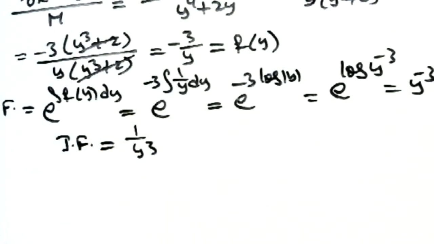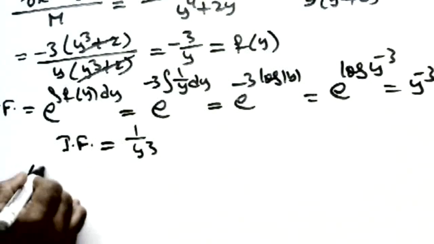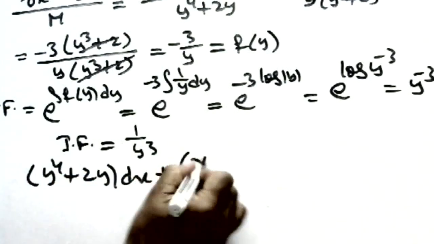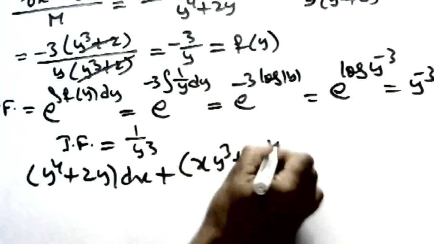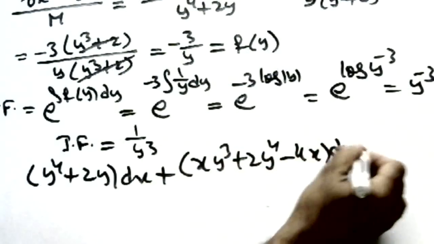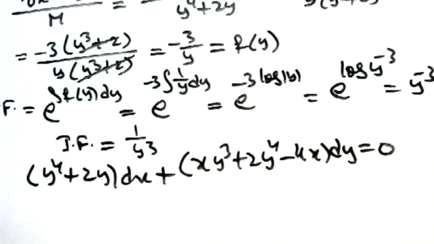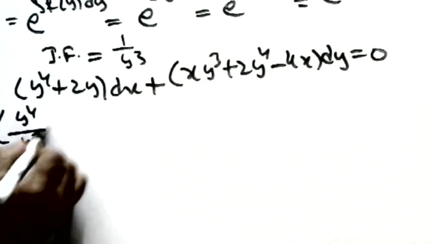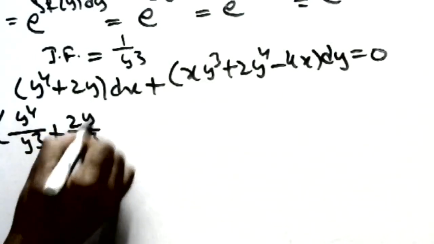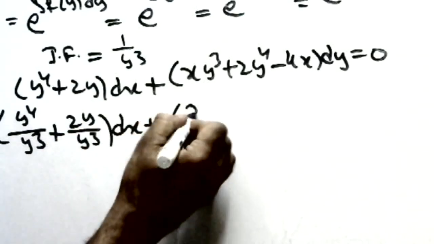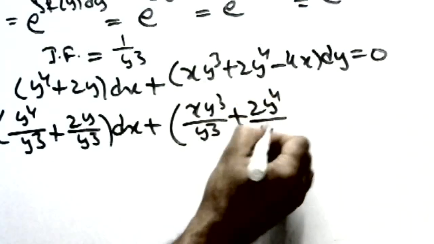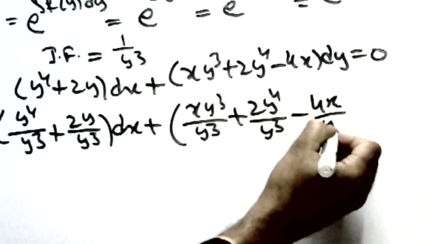Now we multiply the equation with 1 by y³. What is the equation here? (y⁴ + 2y) dx + (xy³ + 2y⁴ minus 4x) dy equals 0. Now you have to multiply with this one. So if we multiply with 1 by y³, it will be y⁴ by y³ plus 2y by y³, this is dx, plus xy³ by y³ plus 2y⁴ by y³ minus 4x by y³.